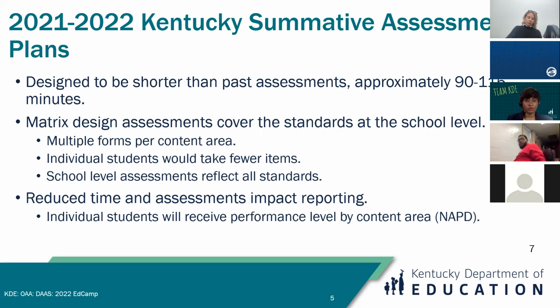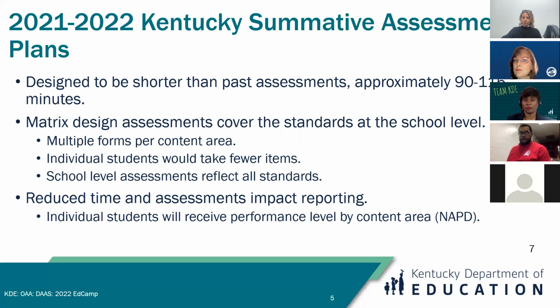So the reduced time and assessment will impact the reporting. Now, the individual students will receive the traditional novice, apprentice, proficient, and distinguished. So they will receive those performance levels by content. Do I have any questions?